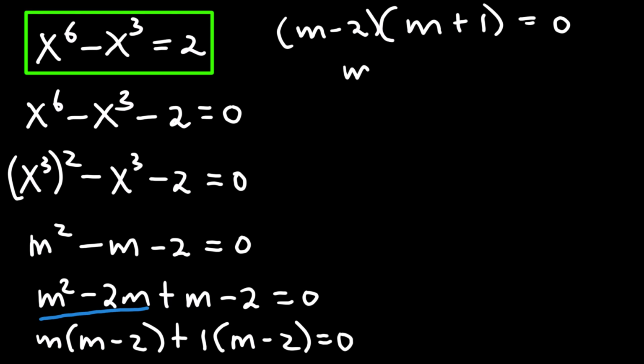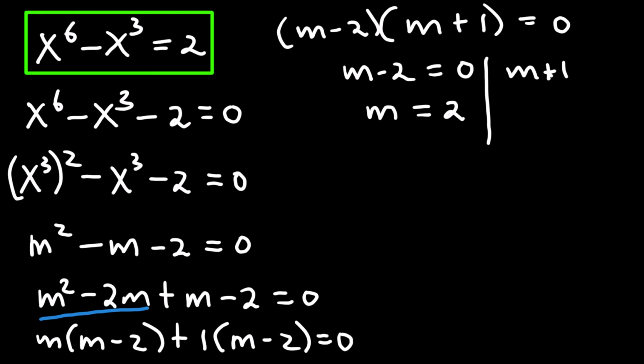If we equate m minus 2 to be equal to 0, our first value of m will be equal to +2. And if we equate m plus 1 to be equal to 0, our second value of m will be equal to -1. But if you remember, we had set m to be equal to x to the power of 3.